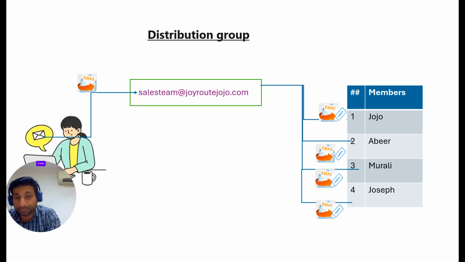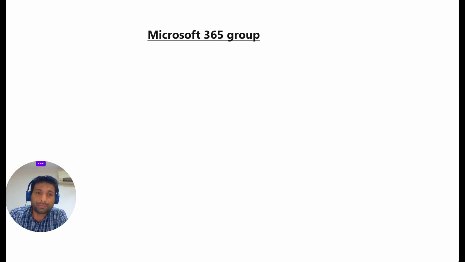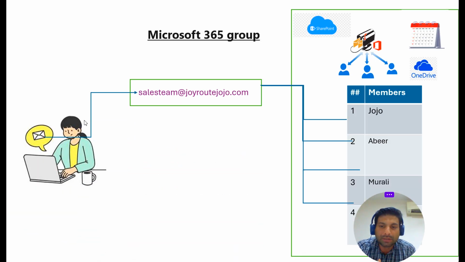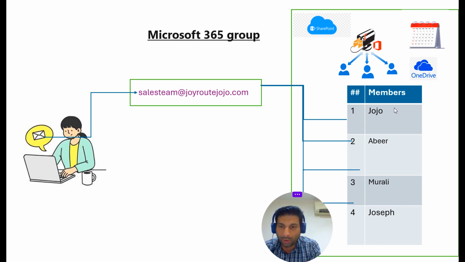respond to email. But in the case of a Microsoft 365 group, what happens? Microsoft 365 groups come with a shared mailbox that all group members can access. In this case, all these users have a shared mailbox and all of them can access it.